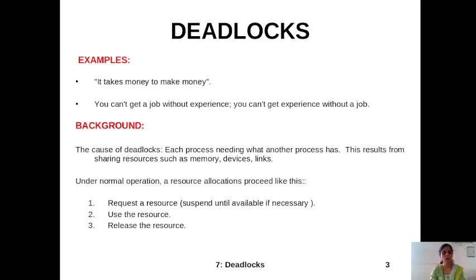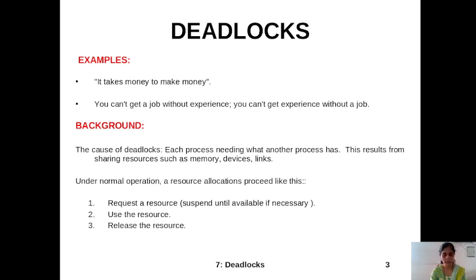Under normal operation, the resource allocation to the processes goes through three different steps. One is that the process has to request a resource that it requires to execute. Then, if the request is granted and the resource is allocated, it has to utilize that resource.